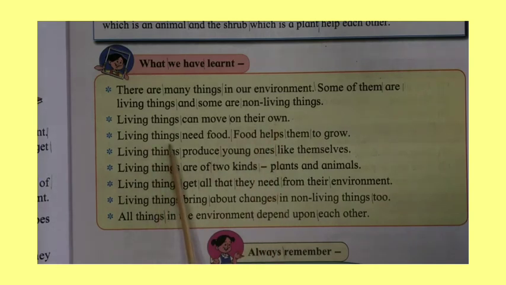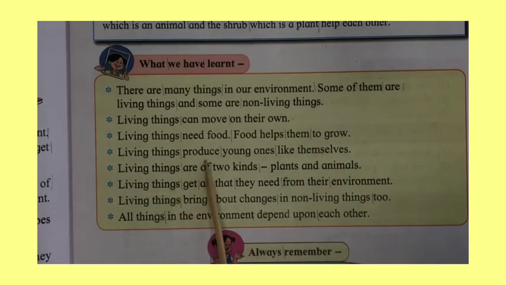Living things need food. Food helps them to grow. Living things produce young ones like themselves. Living things are of two kinds: plants and animals.